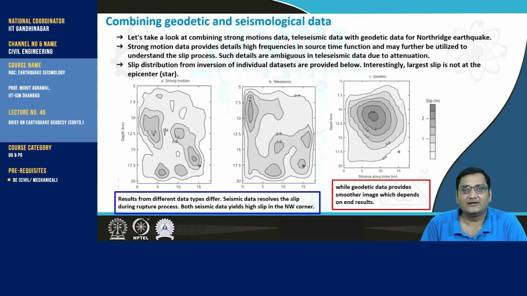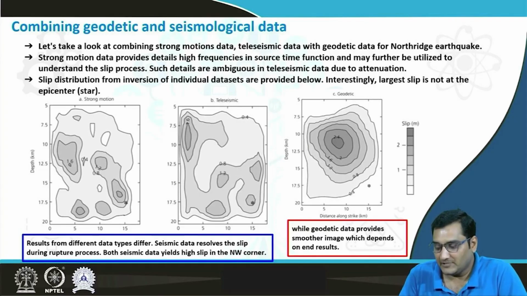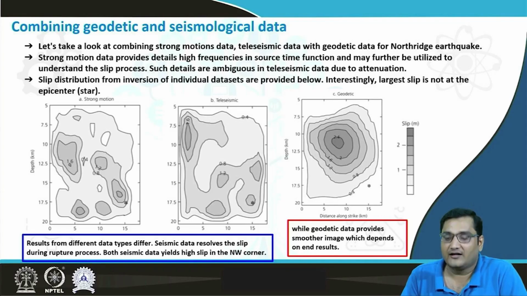Now let's take a look at combining the seismic data and geodetic data. For seismic data, we now have the strong motion data and the teleseismic data, both together, and also the geodetic data for the same earthquake, the Northridge earthquake. Now strong motion data can provide you the details of the high frequencies for a source time function and can be further utilized to understand the slip process.